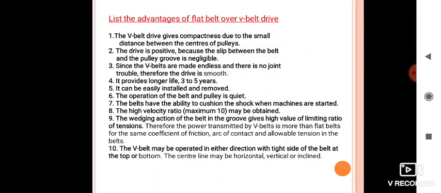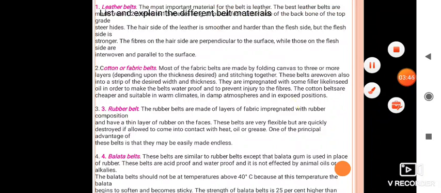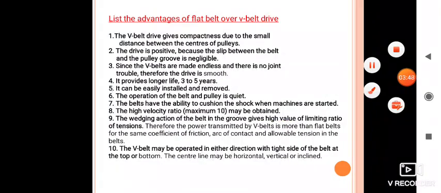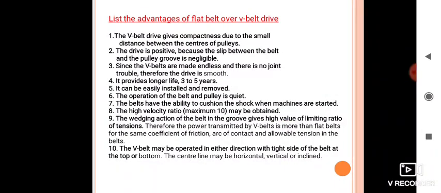Second, the drive is positive because the slip between the belt and the pulley groove is negligible. Third, since the V belt is made endless and there is no joint trouble, the drive is smooth. Fourth, it provides a longer life, 3 to 5 years.